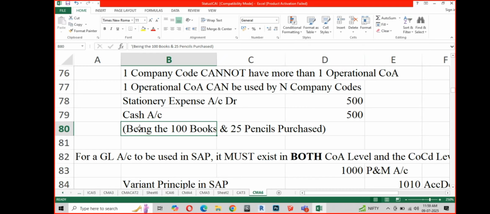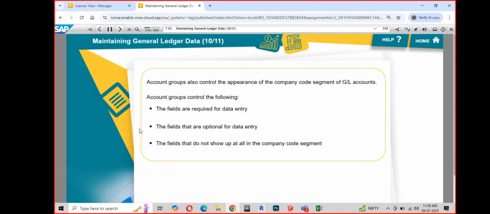If that is the setup, what I do as a consultant, after having understood the requirement of my implementing partner, is say this is your required information. I want that particular information to be entered by the person. So I would make that particular information mandatory or required.